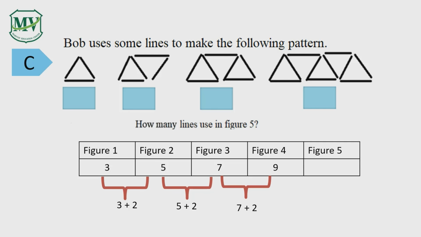What is figure 5? The pattern shows that in every number, we are going to add 2. So, 9 plus 2 equals 11. So, in figure 5, he uses 11 lines.